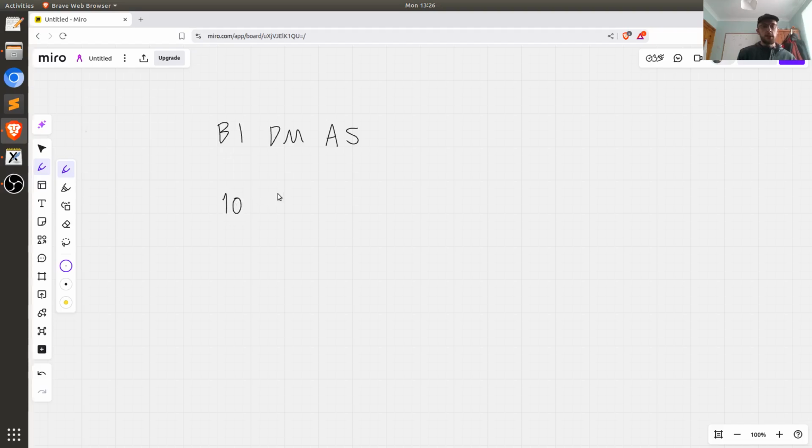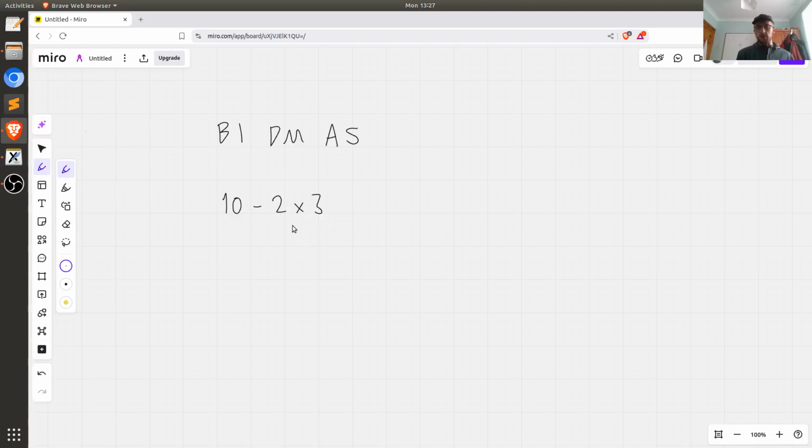Imagine if I write down 10 minus 2 times 3. Now, if someone just proceeds from left to right, then they would first do 10 take 2, which is 8, then times that by 3, and get the answer of 24.